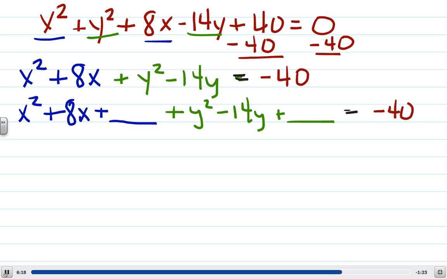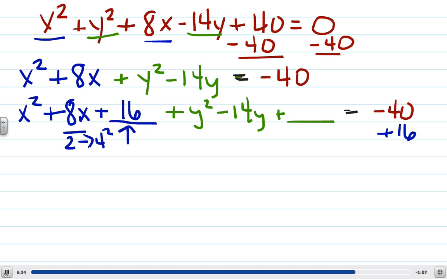Let's work with the x's first. Remember, this middle number is doubled, so if I divide it by 2, that gives me 4, and 4 squared gives me 16. So I need to add that to the other side as well.